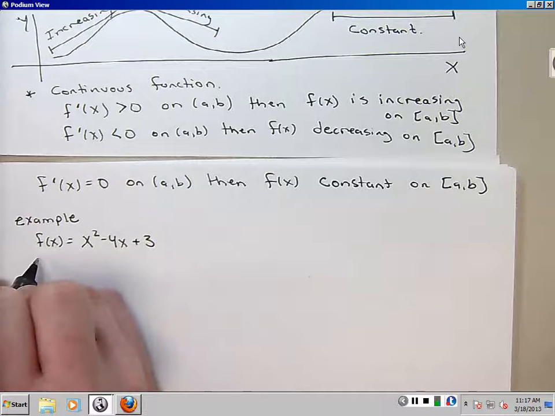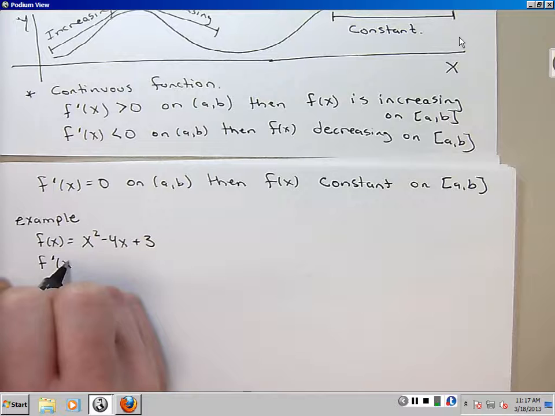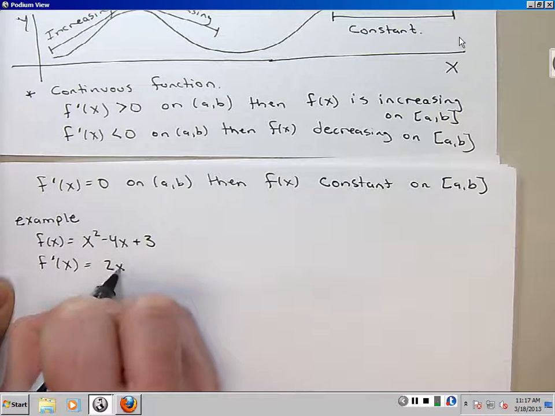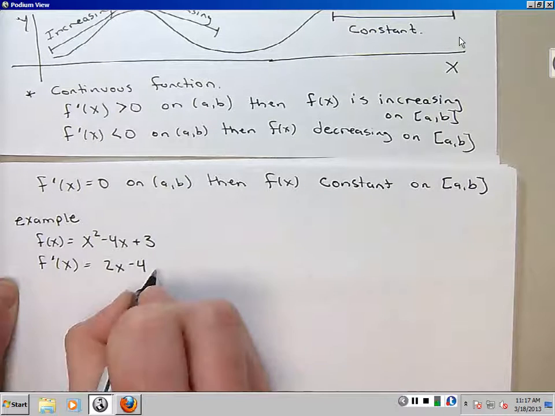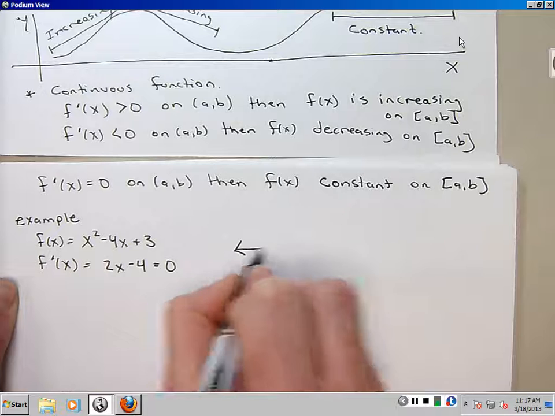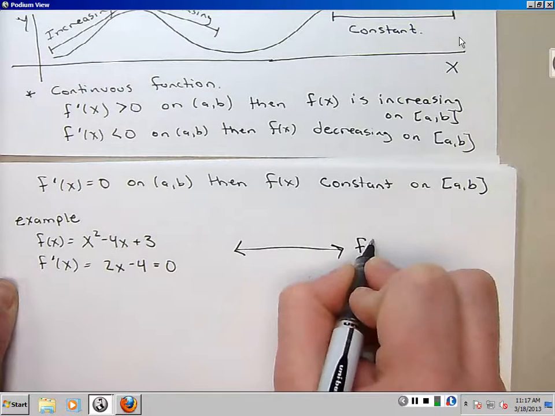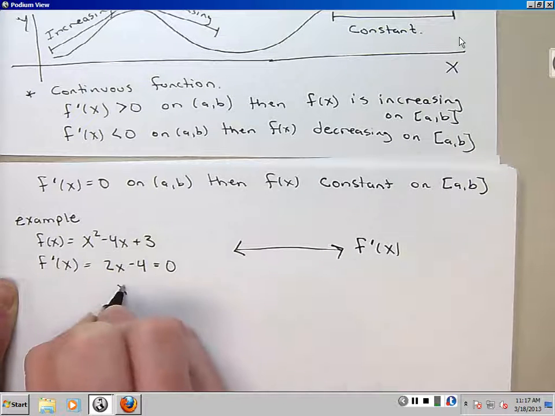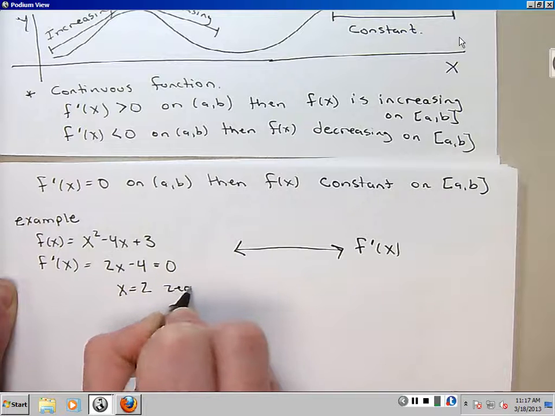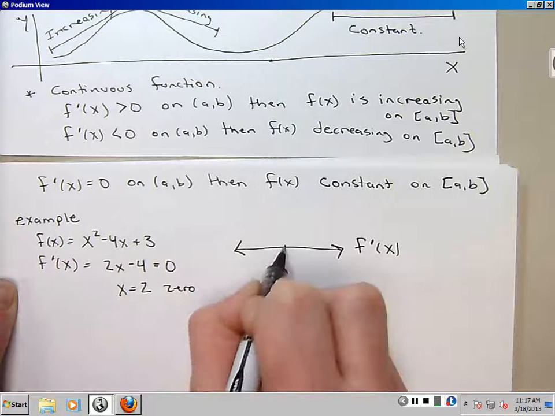So if I was to differentiate this function, what would I have? If I set that equal to 0, I find x would equal 2. This is the zero.